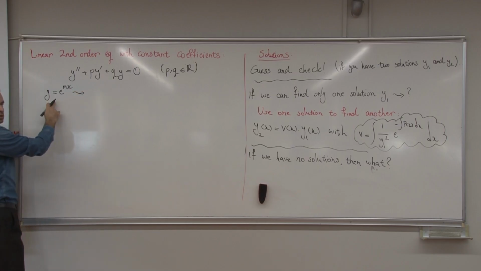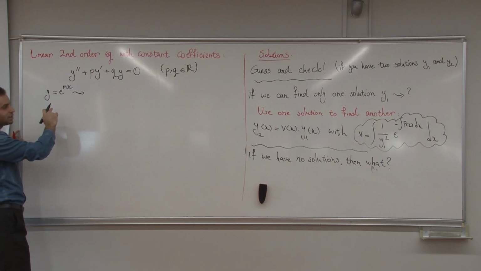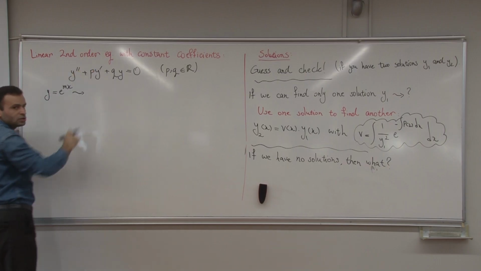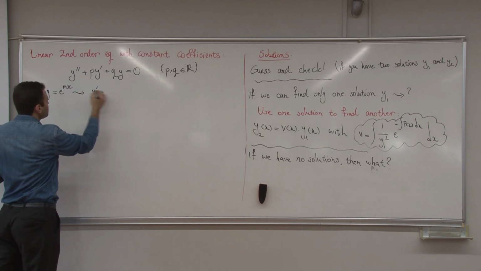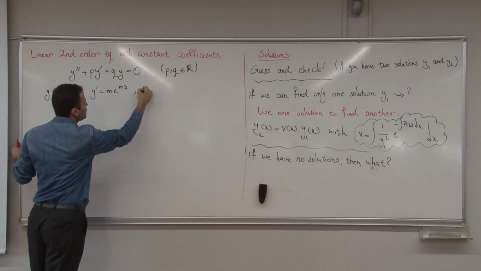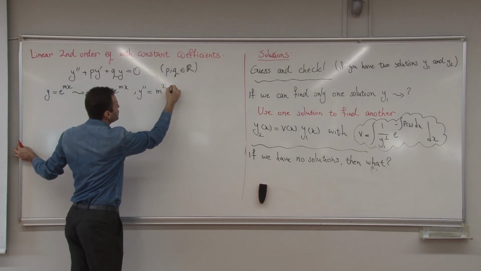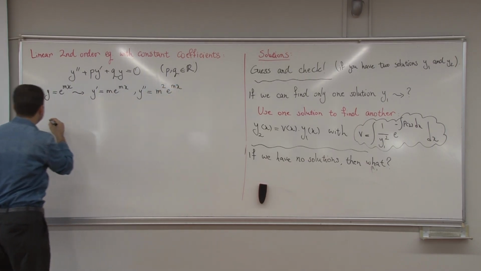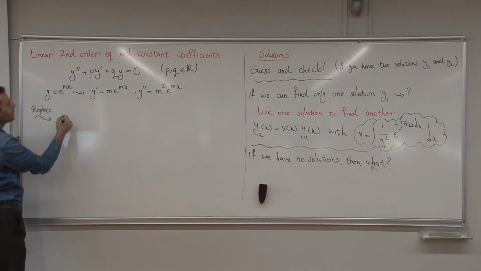If this is a solution, then what happens? If I take its first derivative and second derivative, and plug them into this equation, then it must satisfy the equation, right? So our first derivative is m e to the power of mx, and our second derivative is m to the power of 2 e to the power of mx. We place it in the equation, then what do we have?